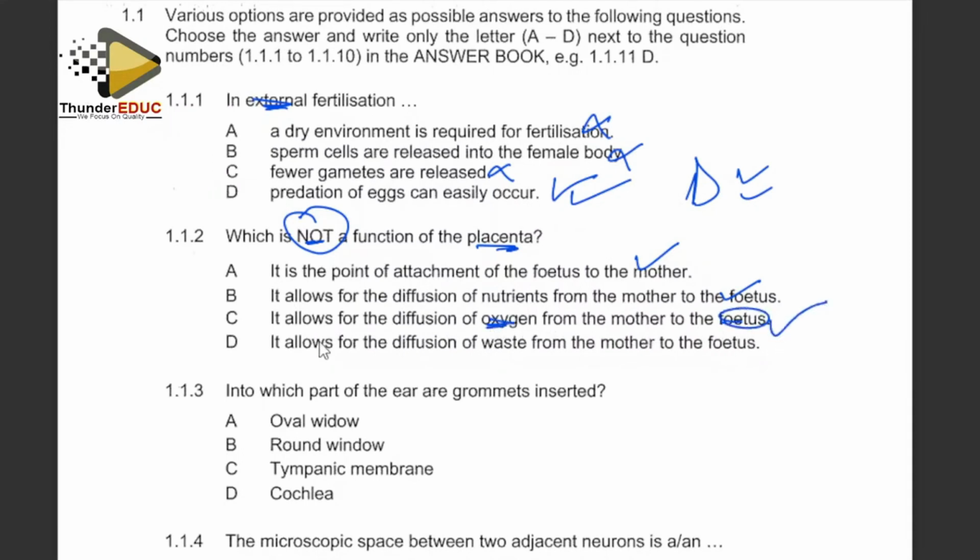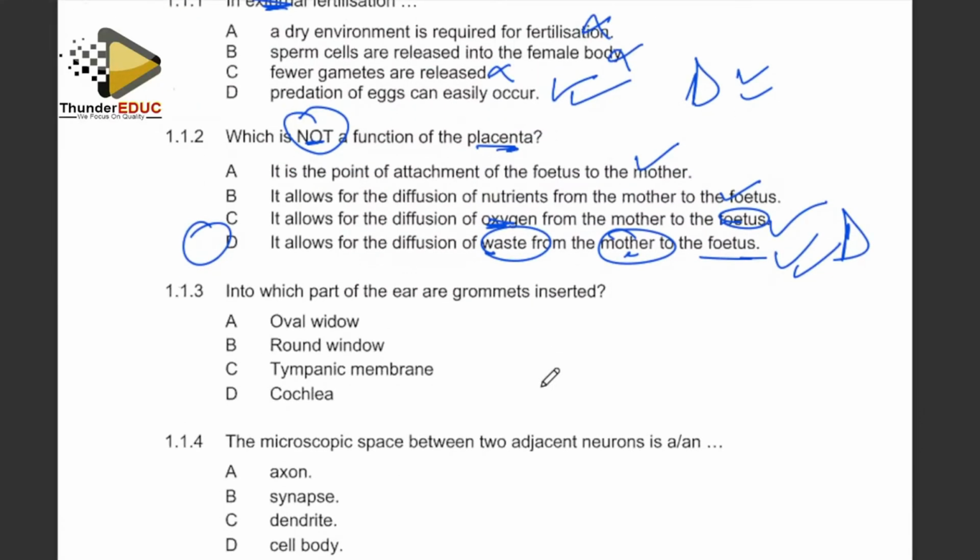It is correct. It allows the diffusion of wastes from the mother to the fetus. What does the kid want from the wastes of the mother? There is no need. The waste comes from the kid to the mother, not from the mother to the kid. So D becomes the most correct answer, right? Because they are saying it is not.